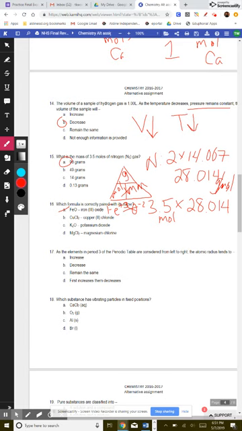B is copper 2 chloride. We can do the same thing where we write out the oxidation numbers. Cu is copper, and then 2, so that's a +2 on the copper. And then chlorine is a -1, so when you crisscross drop, that is CuCl2.